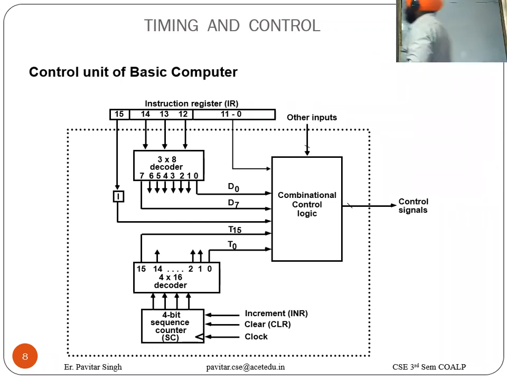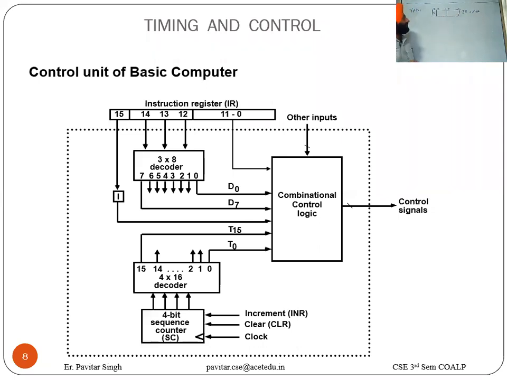Let me explain. First of all, an instruction which is read from the memory will be placed into the instruction register. Your 16-bit instruction will be placed into this IR. IR is a register of 16 bits, which is why I have represented it with bits 0 to 15.